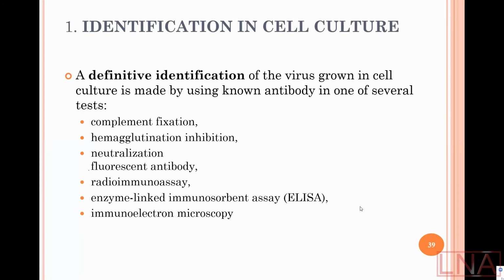Next are hemagglutination inhibition, neutralization, fluorescent antibody, radioimmunoassay, enzyme-linked immunosorbent assay, which you know as the ELISA test, and immune electron microscopy. All these techniques we can use to identify viruses in cell culture.